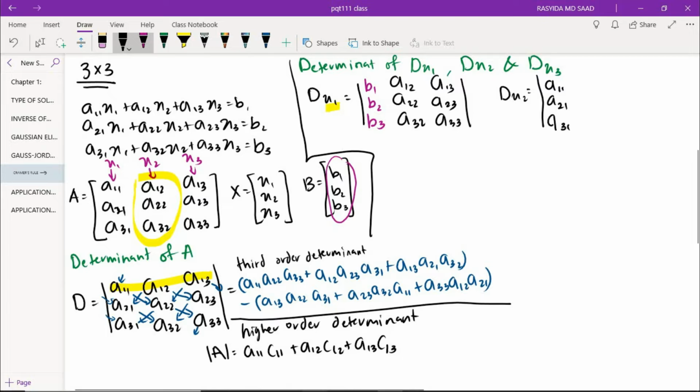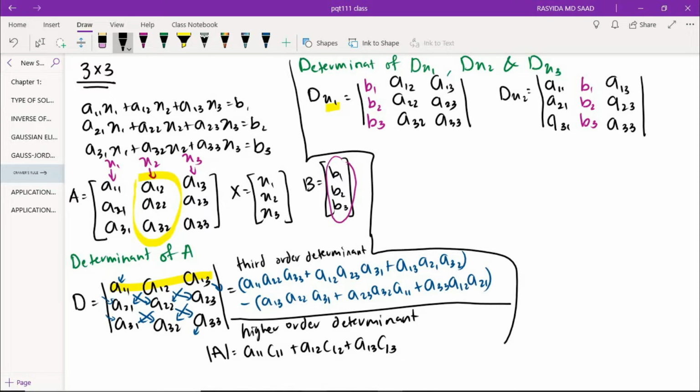Then for the second column it will be b1, b2, b3, and then the third column is a13, a23, and a33. Okay, this one is for x2.